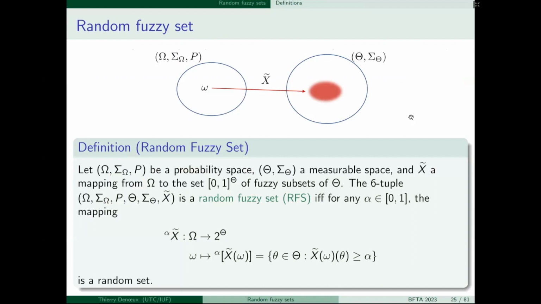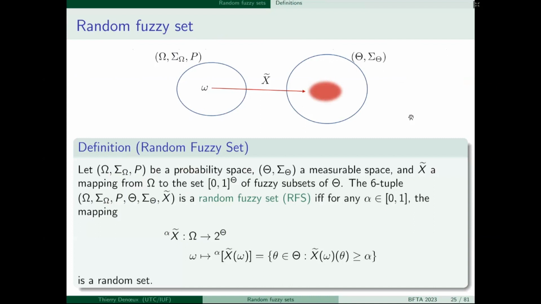And so we say that the mapping x tilde is a random fuzzy set if all of these alpha cuts are random sets. We want all the alpha cuts. So the alpha cut of the mapping is a mapping that maps omega to the alpha cut of x tilde of omega. So this defines a mapping from omega to the power set of theta.